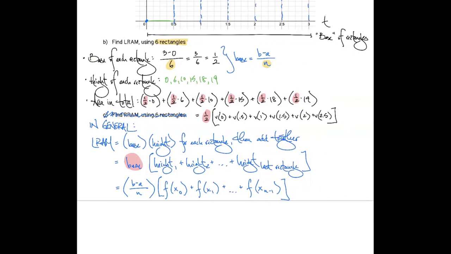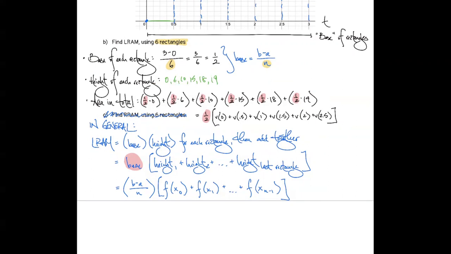As far as finding the area, we could throw that into a calculator. All would be fine and good, but we'll just leave that here for right now because the purpose of this is not necessarily to find an exact value, but the purpose of this is actually to set up that structure. Okay.